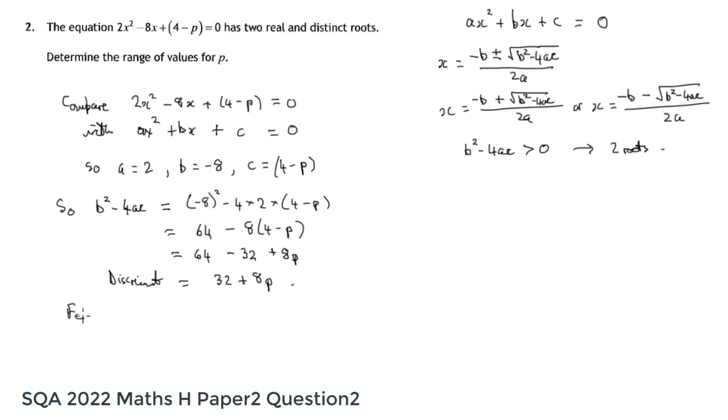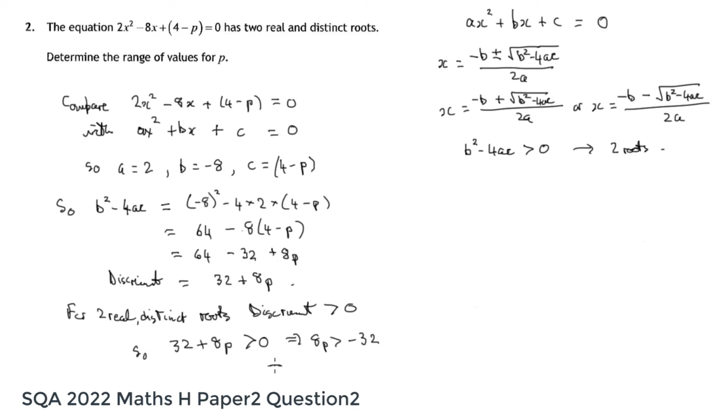So for two real distinct roots, the discriminant, that's the thing under the square root sign, has to be greater than 0. So 32 plus 8p is greater than 0. Let's take 32 from both sides, and let's divide both sides by 8.